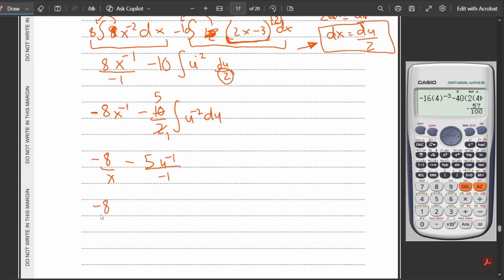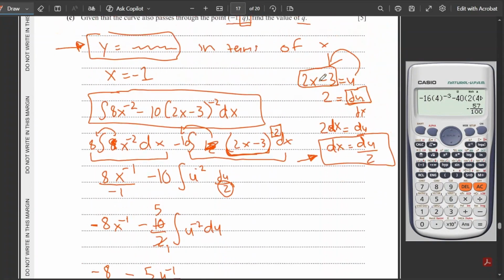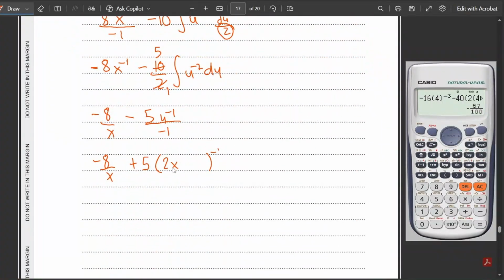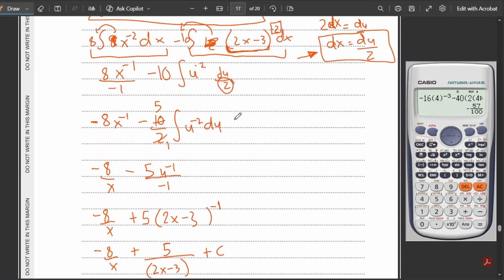And I can simplify this to get a positive 5. Instead of u, I can write that same thing back over here. So u was equal to 2x minus 3. We can write 2x minus 3 over here. And this is minus 1, so I can simplify this further: plus 5 over 2x minus 3. And remember, there's going to be a plus c at the end because this was an indefinite integral.